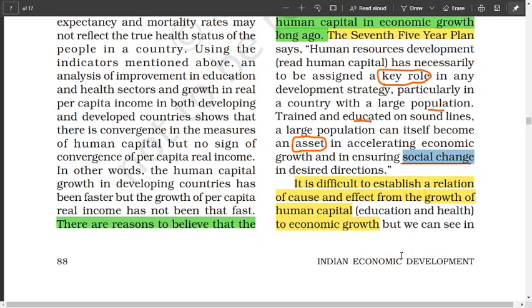Okay, so even though empirically there is no direct mechanism or methodology to bring about a direct relationship of the causes and effect from the growth of human capital, like education and health, to economic growth, we understand that if these two important factors of human capital, education and health, are growing, then there will be, like we've said earlier, more productivity, more innovation, more technology.